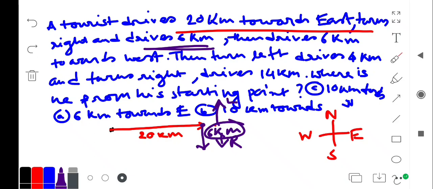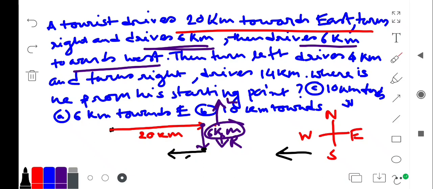Next one again given, then drive 6 kilometer towards west. Okay, now he is in that direction. Okay, so he go west. West means this side. Okay, 6 kilometer. Okay, then turn left.